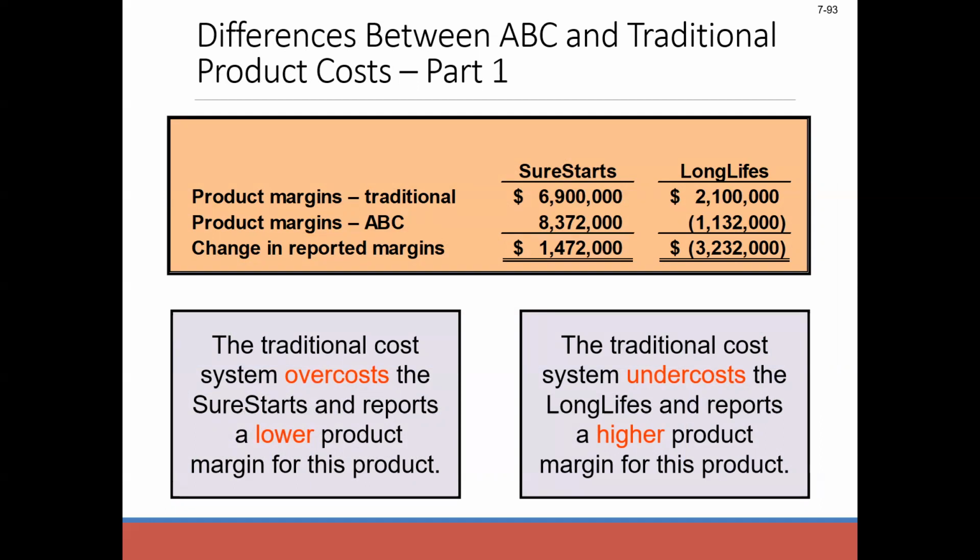Using the traditional product margins, we show Sure Start is at 6,900,000 and long lives are at 2,100,000. But if we look at them by doing it through activity-based costing, you clearly see the long lives don't have a positive margin.